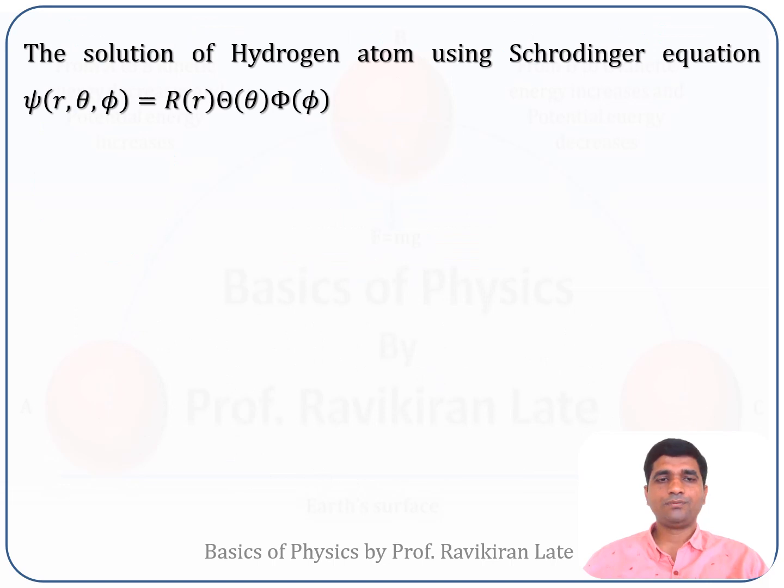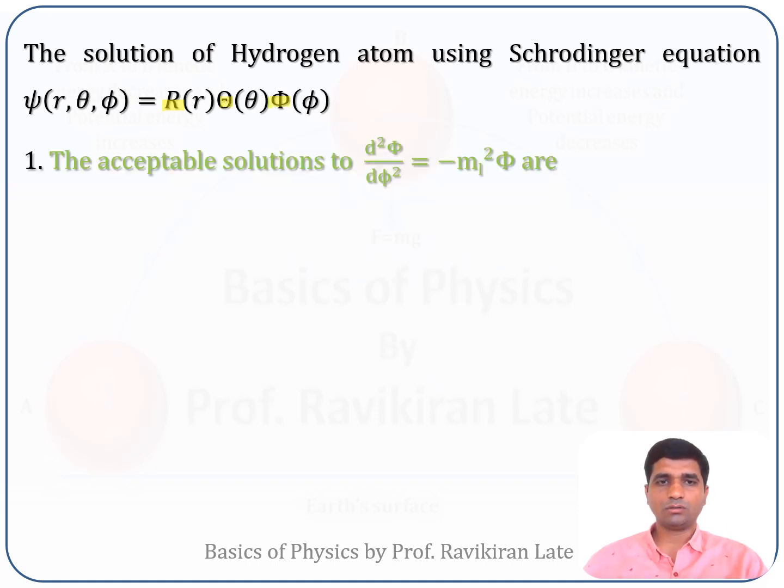So if you consider the solution of the hydrogen atom, it consists of solving three ordinary differential equations. One is in terms of r, another is in terms of theta, and the last one is in terms of phi. So first of all, we'll see what are the solutions which we have derived in our earlier lecture.